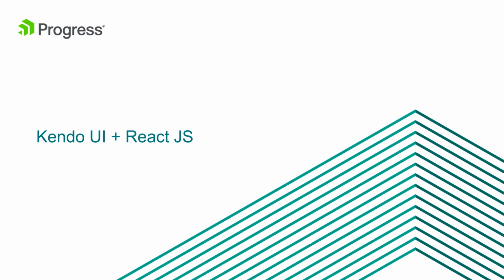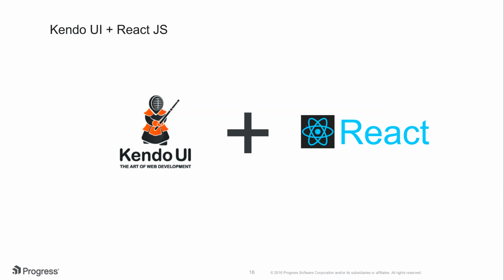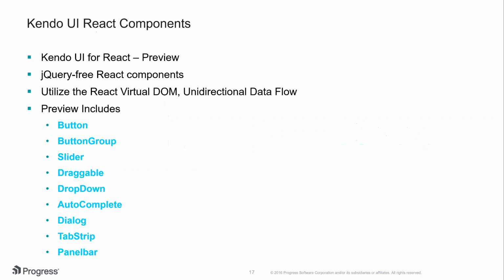Moving on, we will take a look at Kendo UI plus React JS though. Right now, our team has been at work on this, and we currently have close to 6 of our widgets that we can showcase, basically how to use Kendo UI as a React component within React, right? So that's what we're going to be looking at. Currently what we have is Kendo UI for React components.